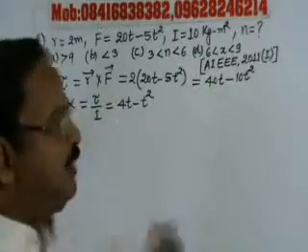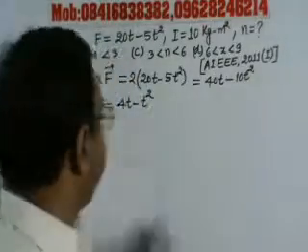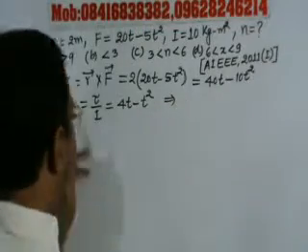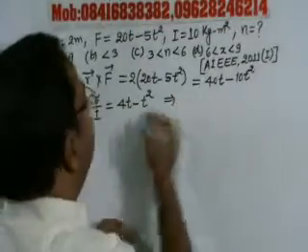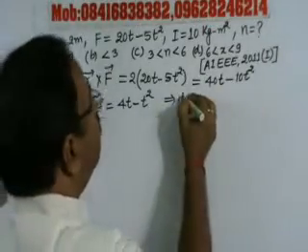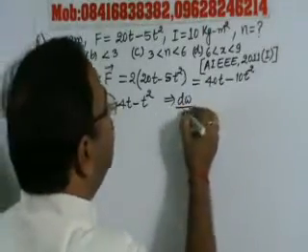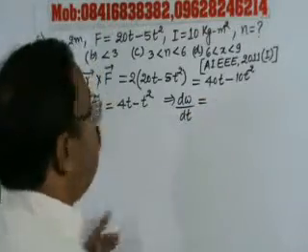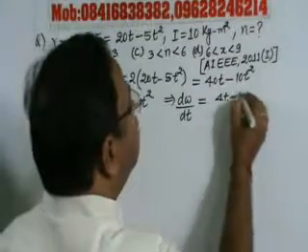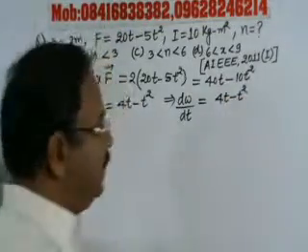So angular acceleration is also time dependent. We can write angular acceleration alpha as d omega by dt, and this is equal to 4t minus t square.